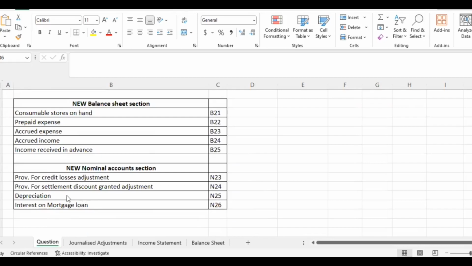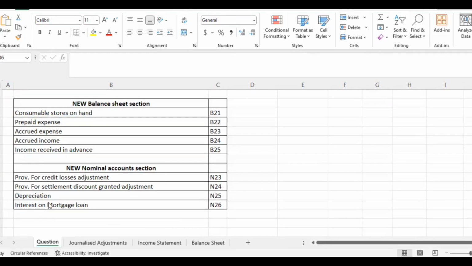Now we will see that there is a provision for credit losses adjustment that must be added to the income statement. There is a provision for settlement discounts granted that must be included in the income statement. And remember, based on whether the original allowance was more or less, this can be debited or credited.